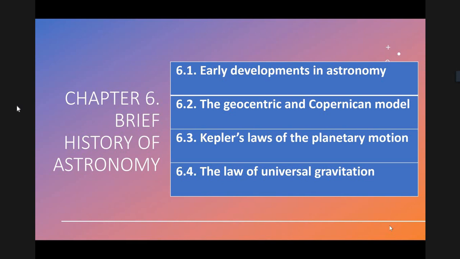You already heard of Kepler. However, in this chapter, we will look in detail at some laws of Kepler and how useful they are in explaining the motion of the planets and the star, the planets around the sun. And the law of universal gravitation.